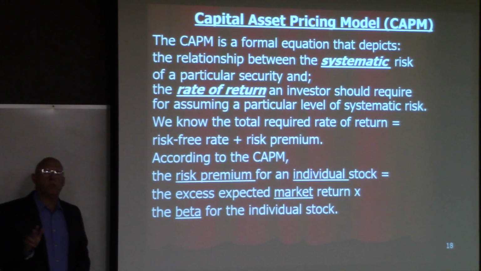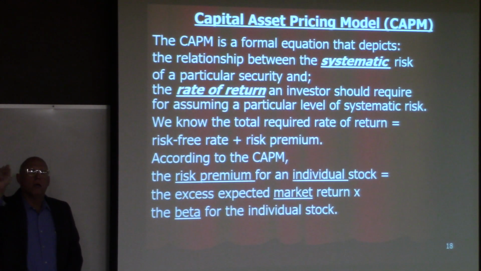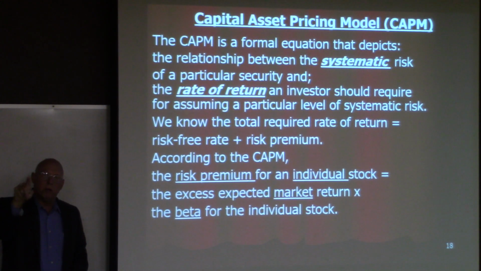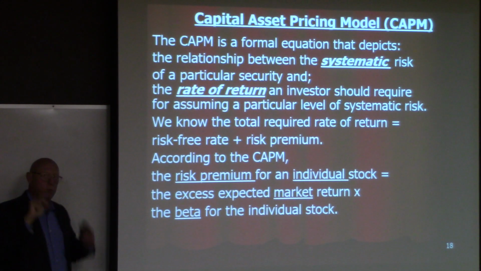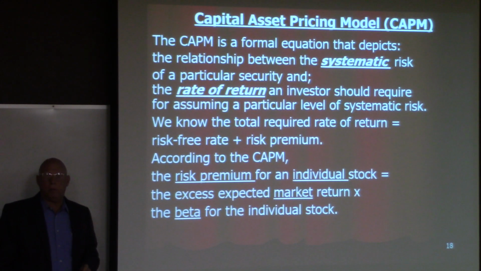Okay? So what this model tells us is there are three components of expected return for an individual stock. One, the risk-free rate of return. We should expect to earn the risk-free rate of return. Two, we should expect to earn a stock risk premium that has been adjusted by the third variable, which is beta, an adjusted risk premium.